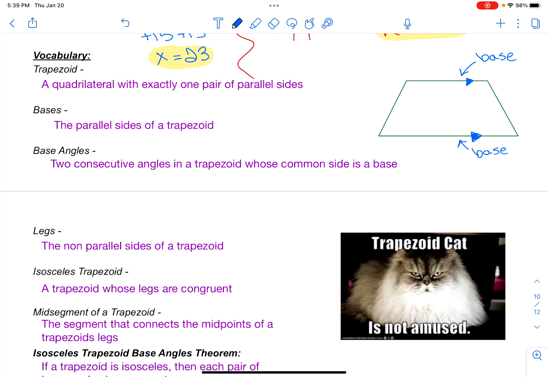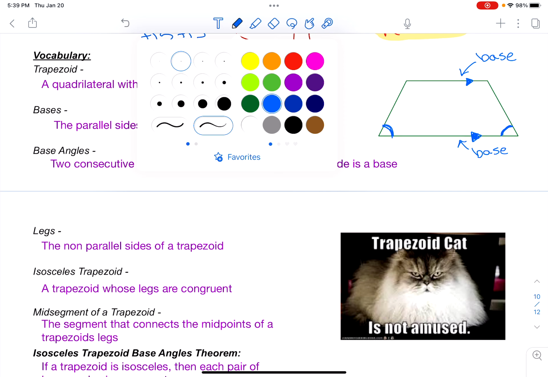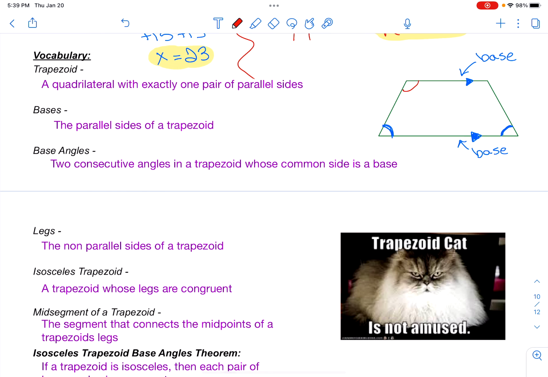Your base angles are two consecutive angles in a trapezoid whose common side is a base. So, for instance, this angle and this angle would be base angles. Also, this angle and this angle could be base angles.